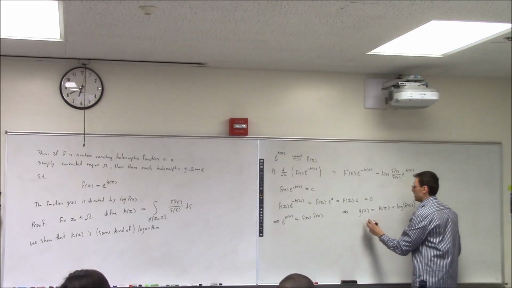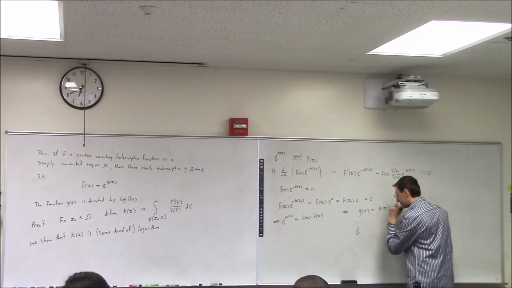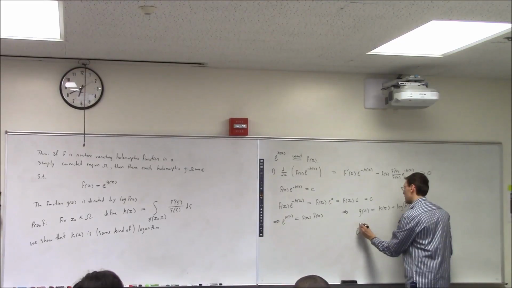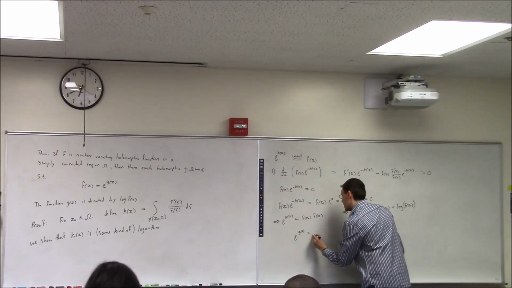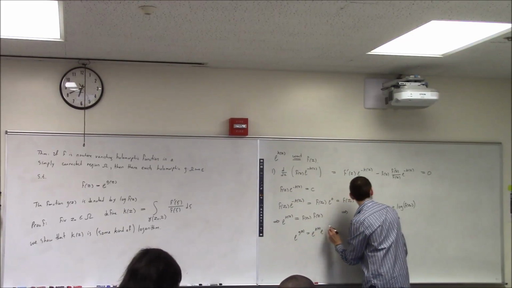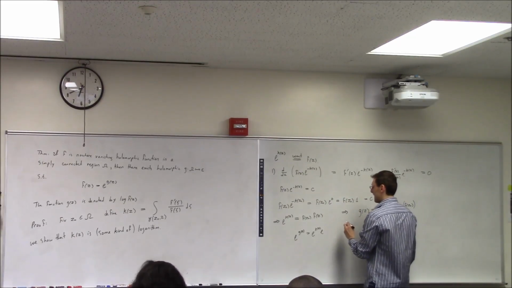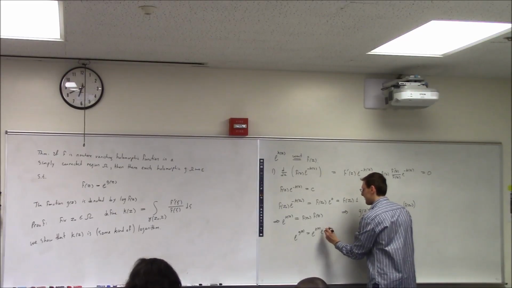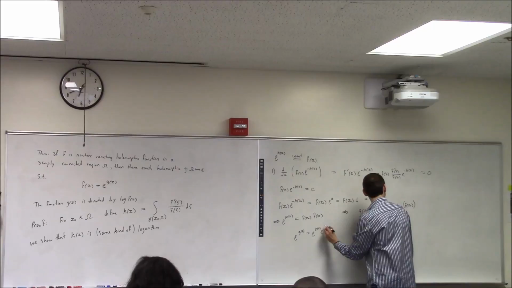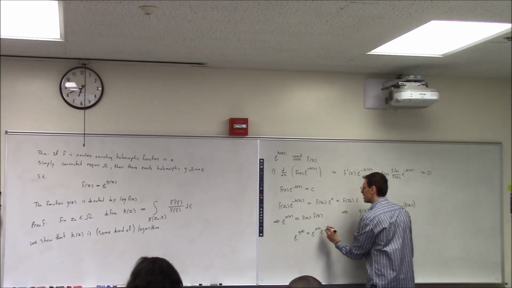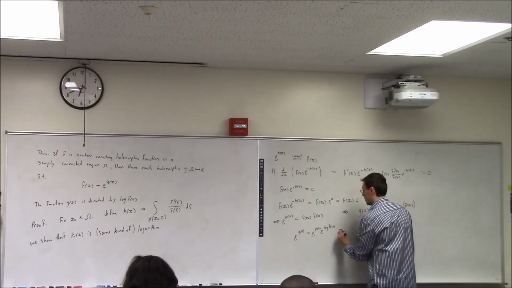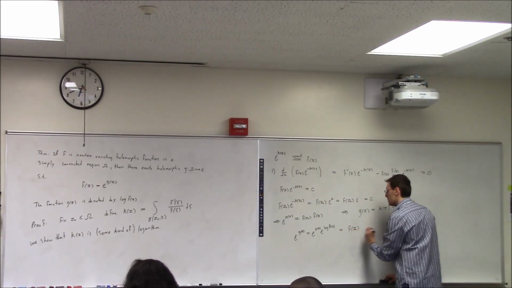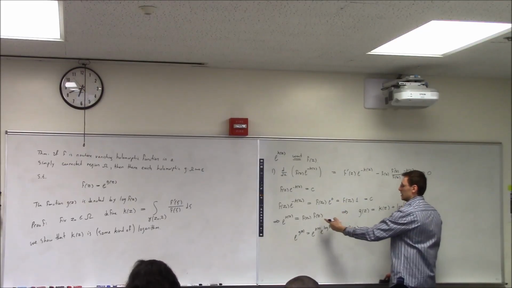Okay, so what happens under this condition? Then you have that e to the power of g of z is equal to e to the power of kz times e to the power of log f of z0, and that ends up being f of z0 times e to the kz.